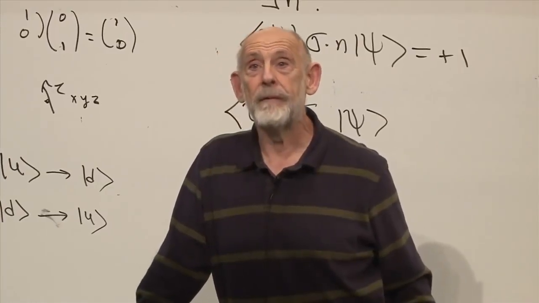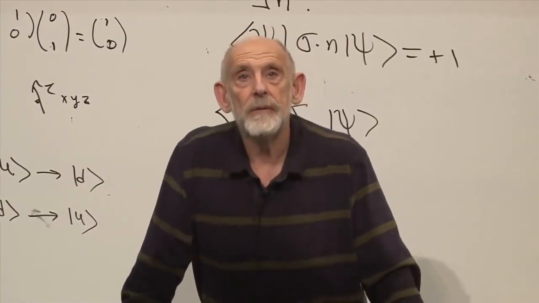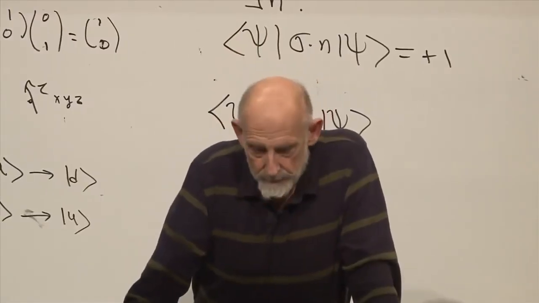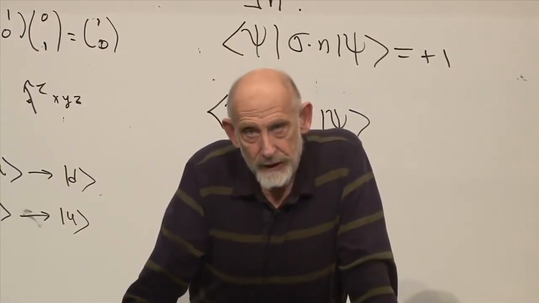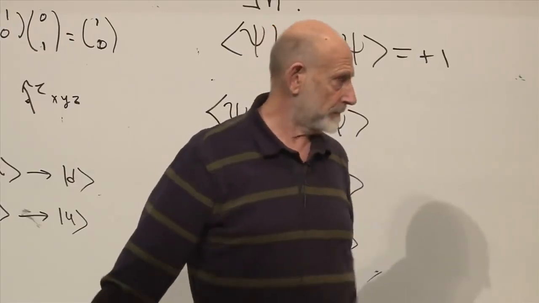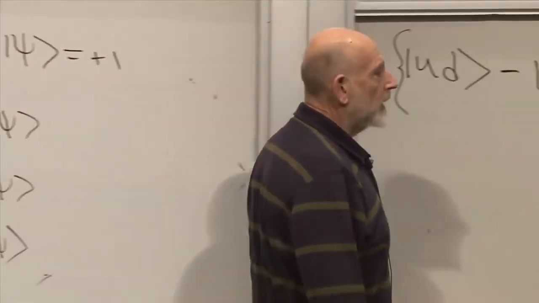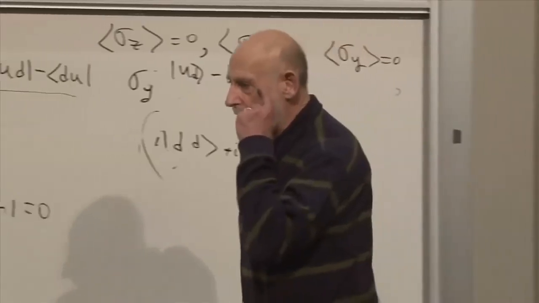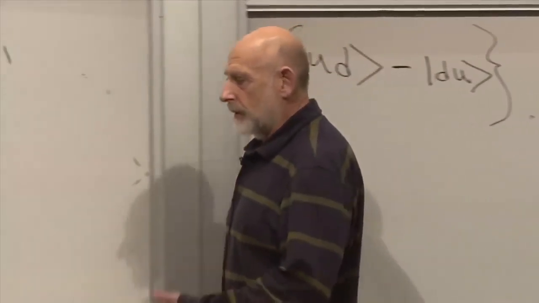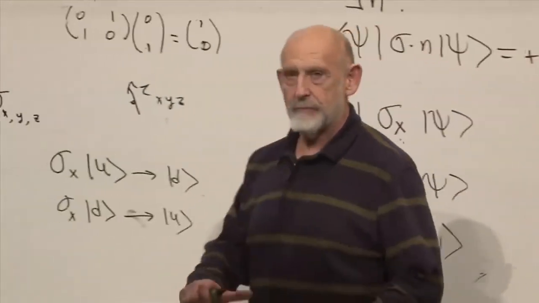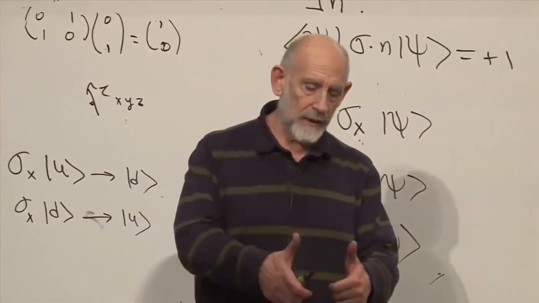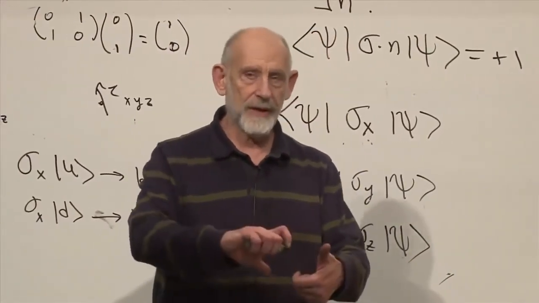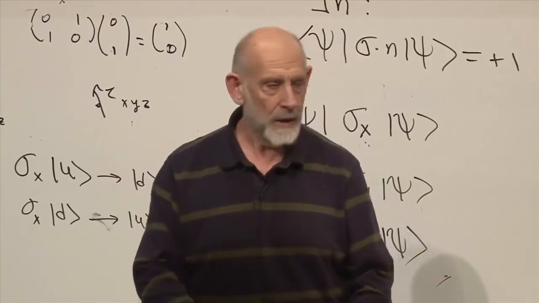Question? So how do you put a system in this strange state? Yeah, it's a very natural state to have. If you have two spins and the two spins are interacting with each other, in particular if they're little magnetic moments, then they will have an interaction with each other which will prefer to make them anti-align.